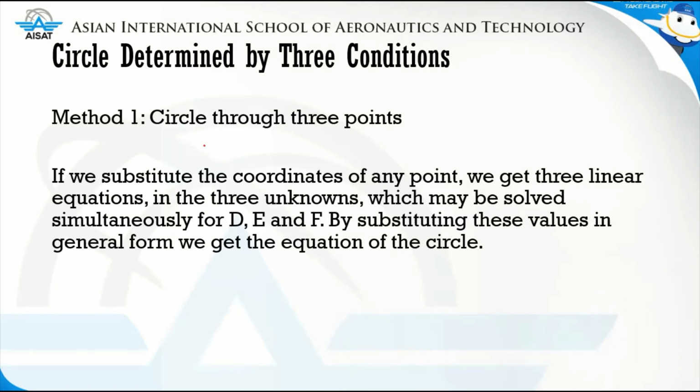With the use of the general form of the equation of the circle, x squared plus y squared plus dx plus ey plus f is equal to 0, if we substitute the coordinates of any point, which take the form (x, y), we get 3 equations in the 3 unknowns, which may be solved simultaneously for d, e, and f. By substituting these values in the general form, we get the equation of the circle.